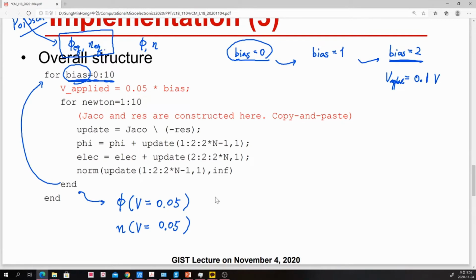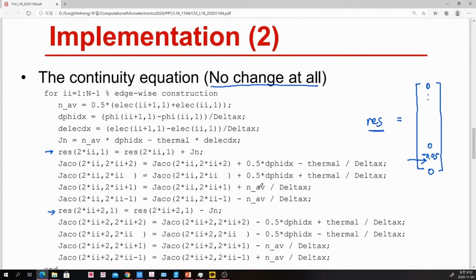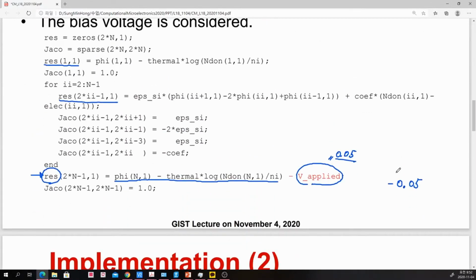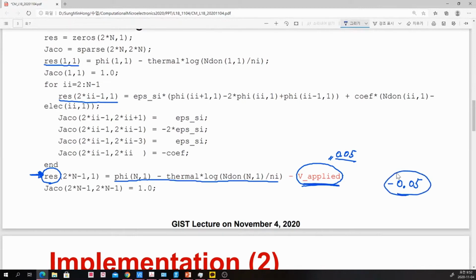Then there will be no change in this procedure. For example, when you go to this Jacobian and residue construction, although you do not have the perfect solution, all of the other components of your residue vector will be quite close to 0, and only the term related to this boundary condition of the Poisson equation will be disturbed, and you will have, for example, this value.